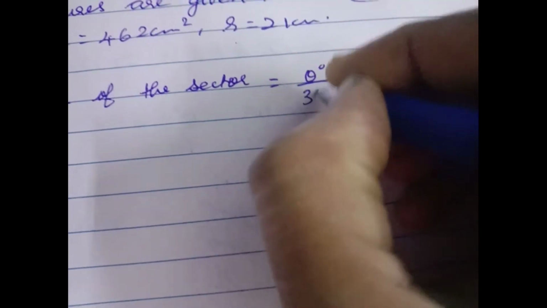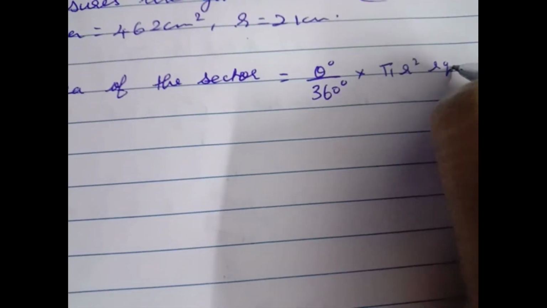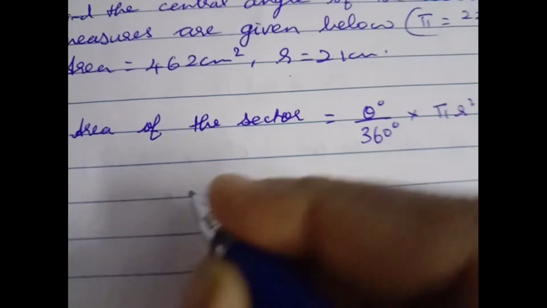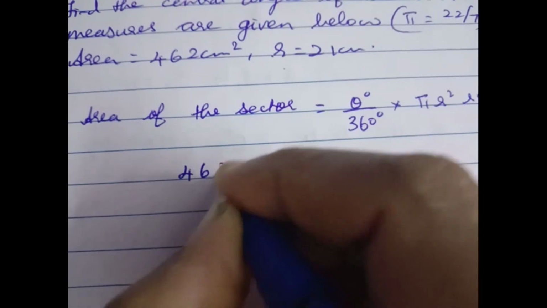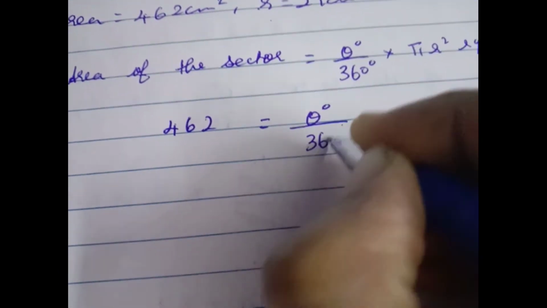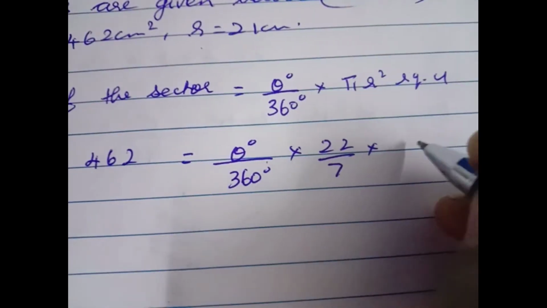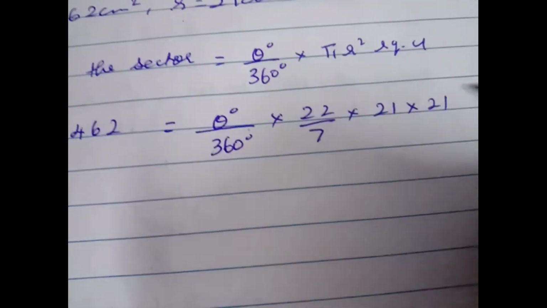Theta by 360 into pi r square unit. Area value what they given, 462. Theta you are going to find out. 360 into 22 by 7 into R value 21 into 21.